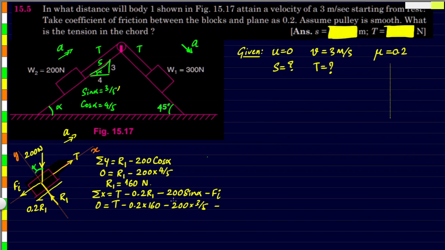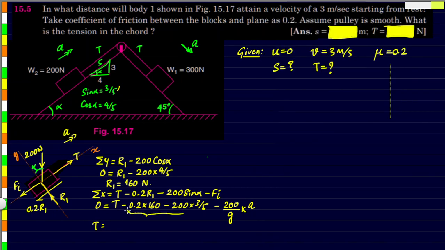Now inertia force will be mass into acceleration. Mass of this body is 200, but 200 is a weight actually, so to find mass, divide by g, and then multiply with the acceleration with which this body is moving. So these are all the x components of forces. Let us find the formula for T. All these values are negative, so let's send them to the other side.